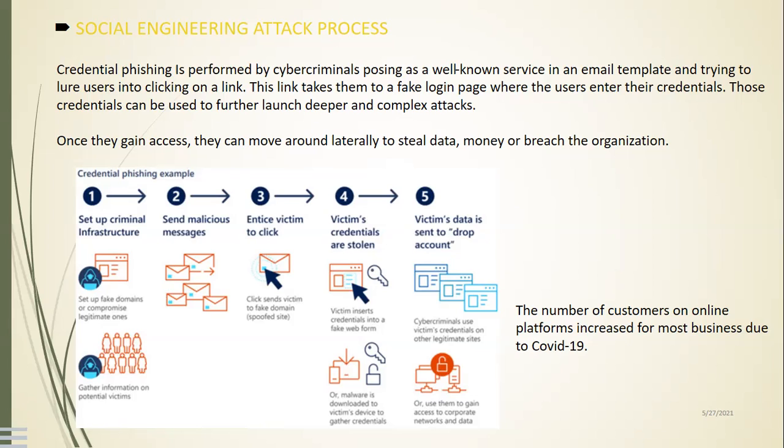Then they input malicious code into the messages and send it to the victim. The victim clicks it, which leads them to the fake domain website. And then boom, they collect the victim's credentials, they're able to log in, and the victim's data is sent to the drop account.